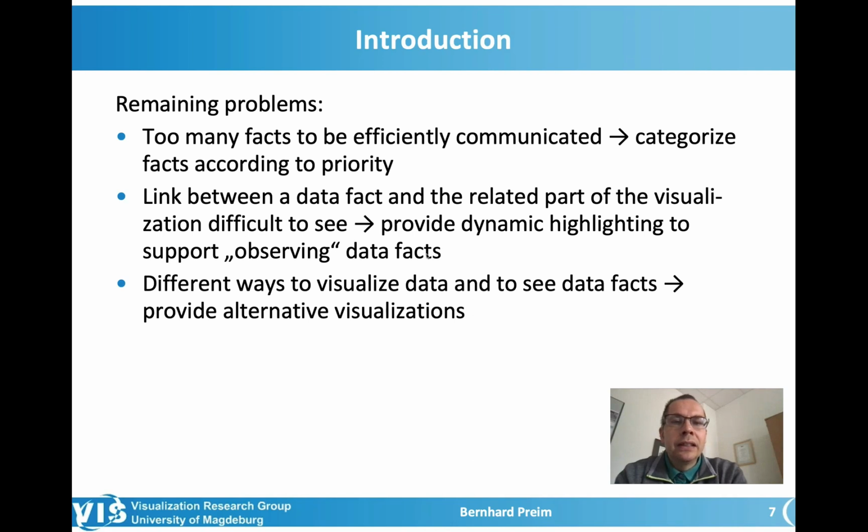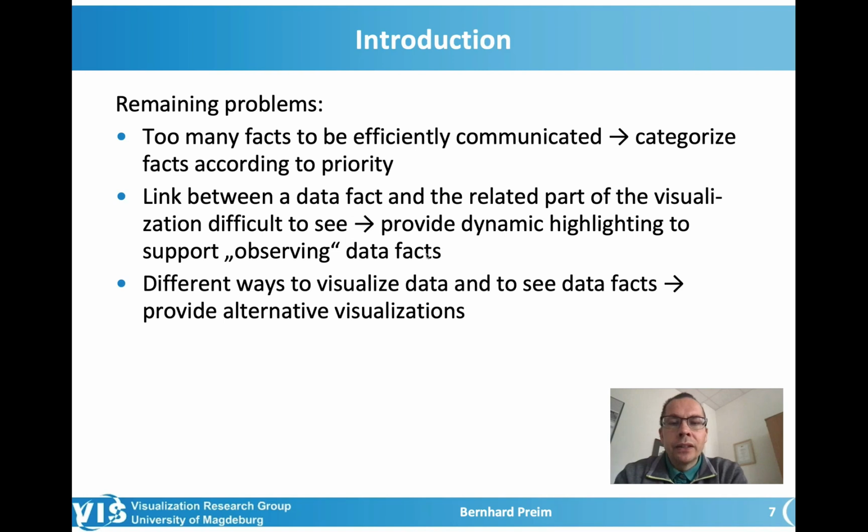So what is needed here is a kind of highlighting, and that ideally is dynamic. Whenever I select, for example, a data fact, I see corresponding parts of the visualization emphasized, or vice versa. So that could be a bidirectional thing.